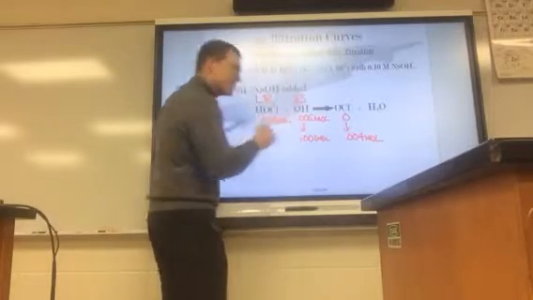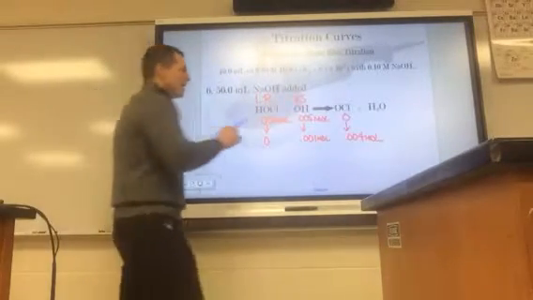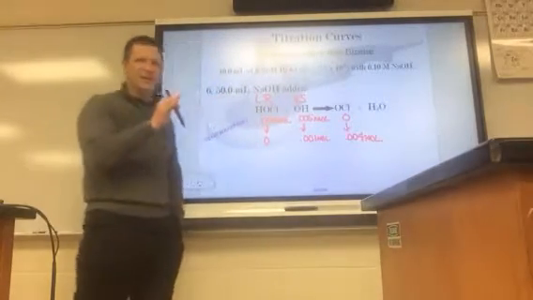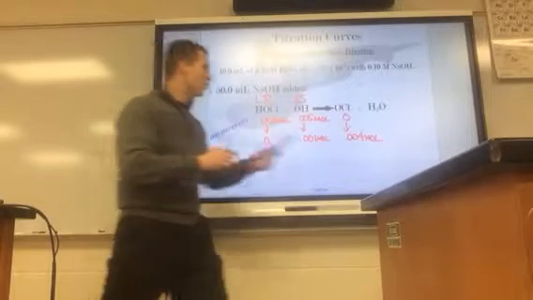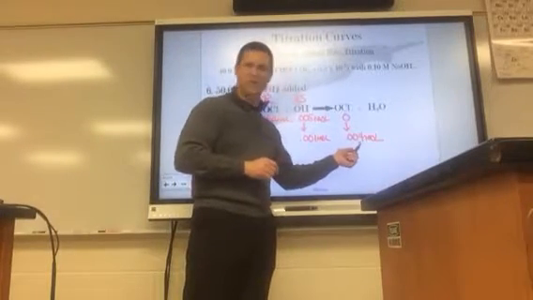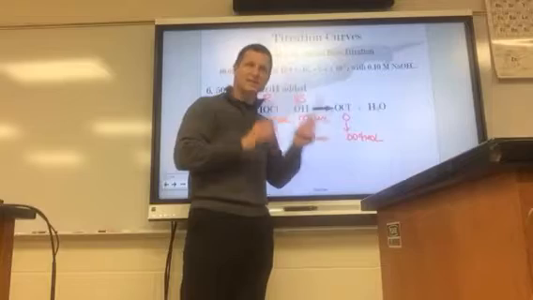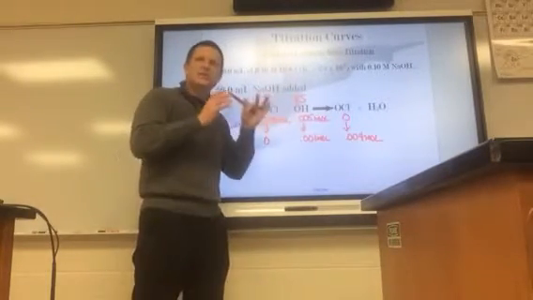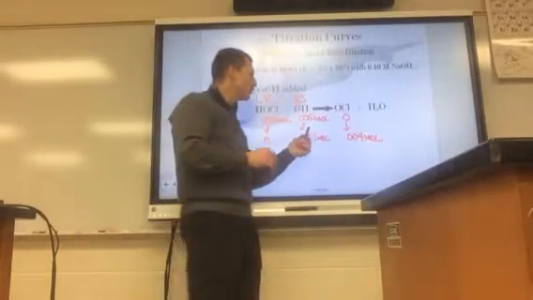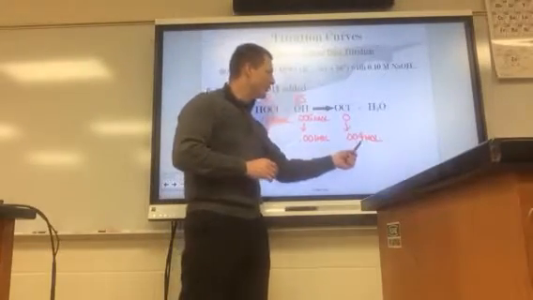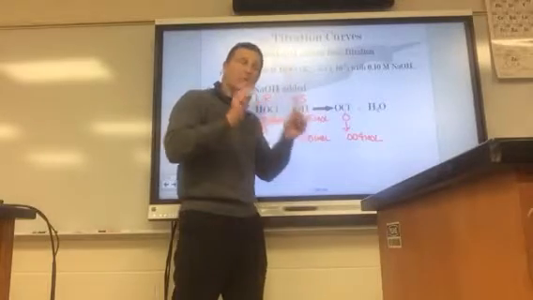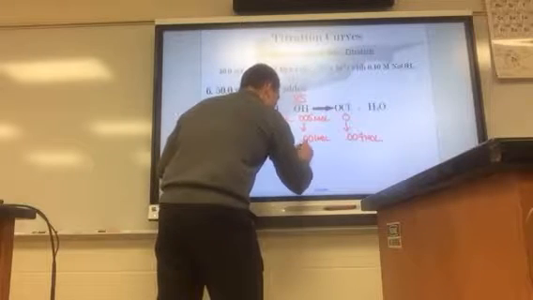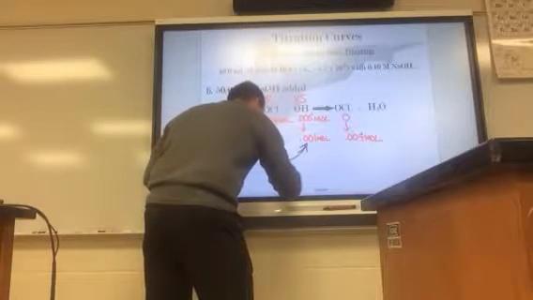The fact that OH is a strong base, even though there's less of it than the OCl, the OH is totally going to dominate the pH. So much so that we don't even need to care about how much OH is given off by this. I'll say that again. Free hydroxide ions are so strong, they will produce way more hydroxide ions than what this weak base will. So the pH is totally dominated by this. And I'm going to write that down on here. This thing right here dominates the pH.